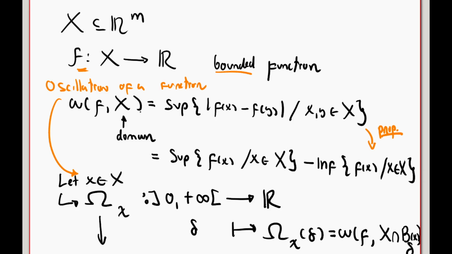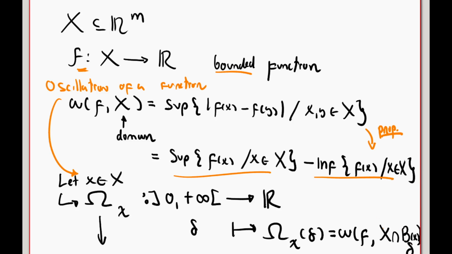Since f is bounded, the oscillation of the function is also bounded, because it is equal to the difference between the supremum and the infimum, and for bounded functions, these two are real numbers. So the whole oscillation is a real number, and this is the oscillation of the function, but on a smaller part of the domain.